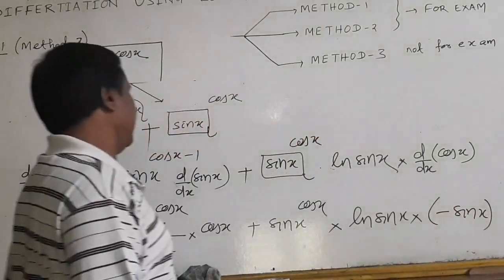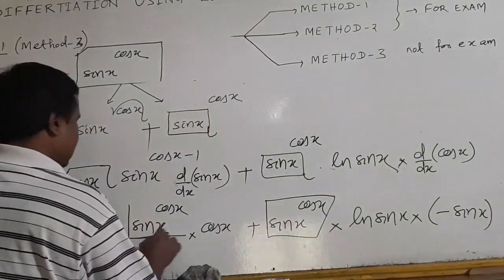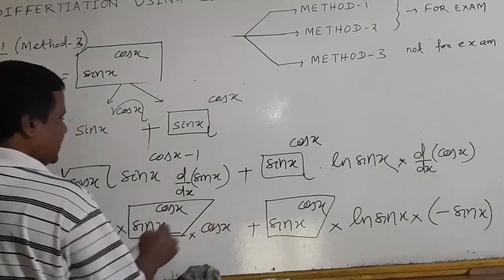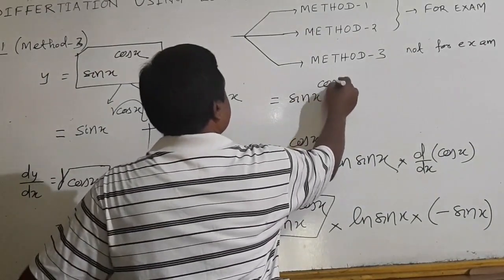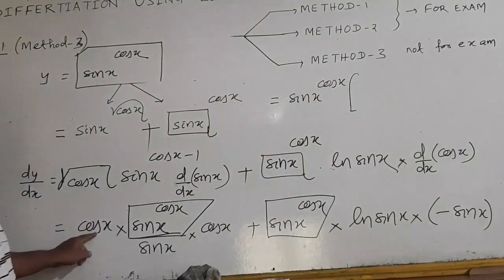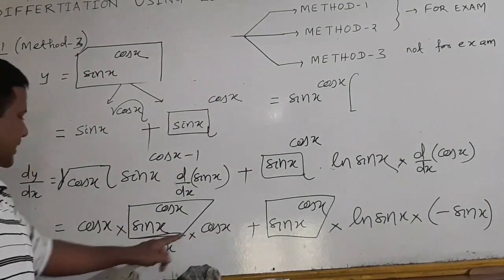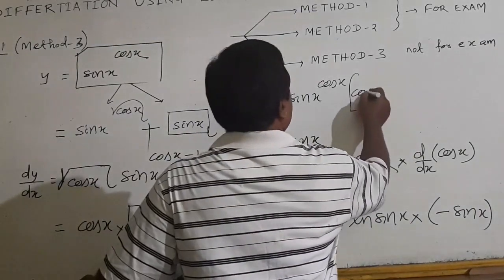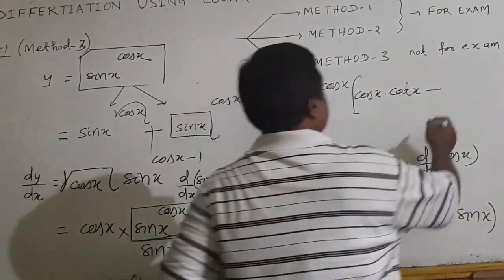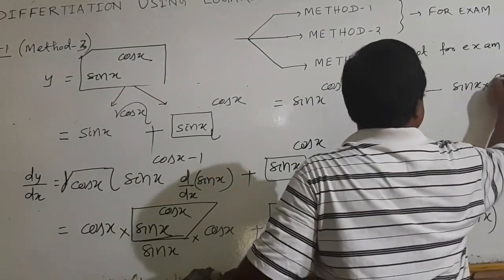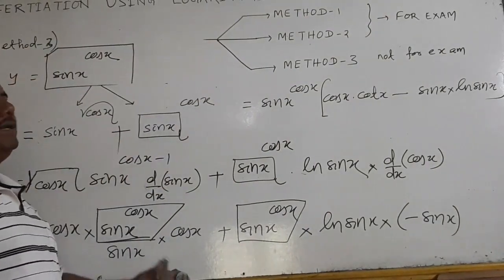Here look at me, sin x to the power cos x is in both terms, so take common. It becomes sin x to the power cos x whole into, here I am taking cos x, so cos x by sin x is what? Cot x. Cos x into cot x minus sin x into ln sin x, which is your answer of method 1 and method 2.